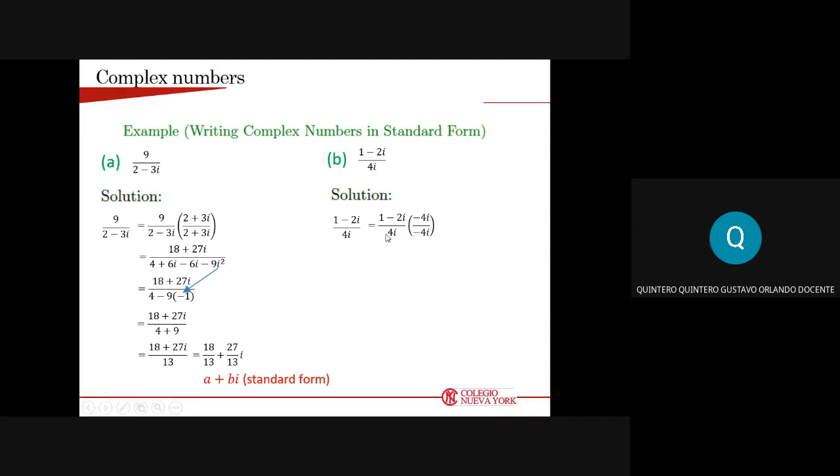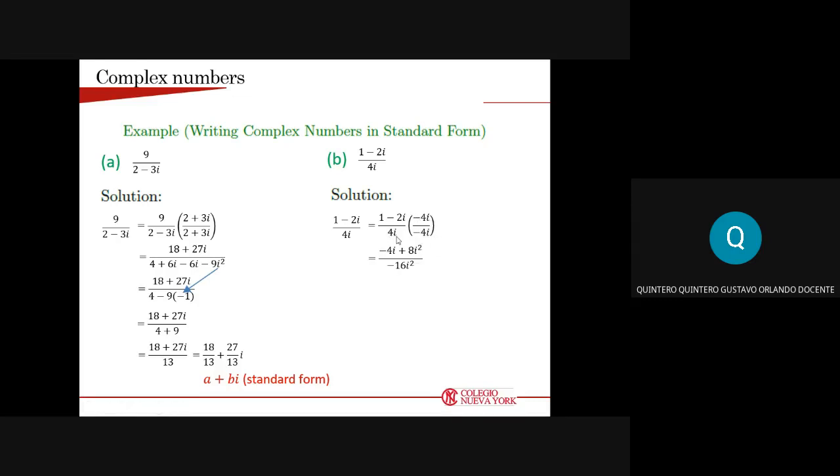The 4, which was positive, is now negative 4. So now we have the conjugate of this one. 4i times negative 4i. And since you multiply down, you're also going to multiply on top of it. Remember, multiply on top and under by the conjugate of the denominator.